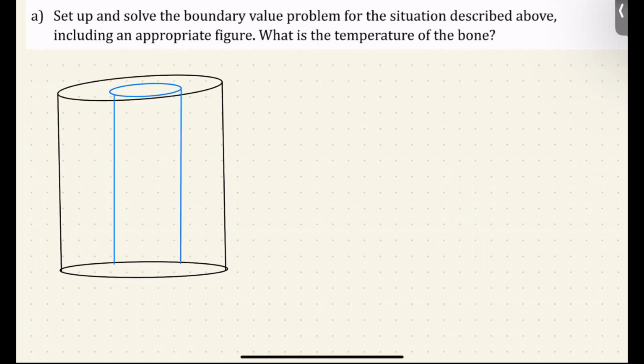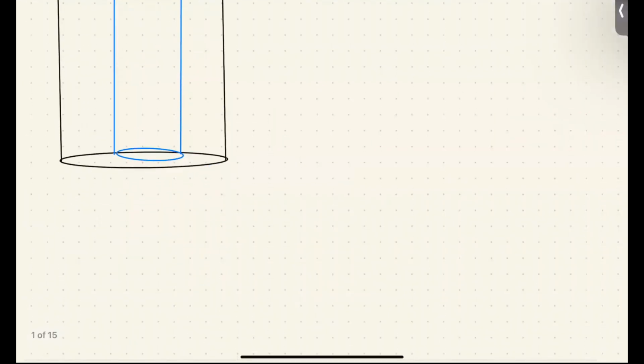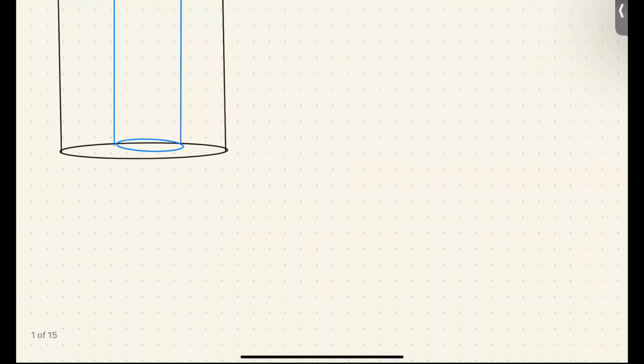And with our core, we have it in 4 centimeters in diameter. That means we have a 2 centimeter radius. So I'm going to say this is 0 centimeters, right? And then I'm going to denote this as our bone, B for bone, is 2 centimeters.